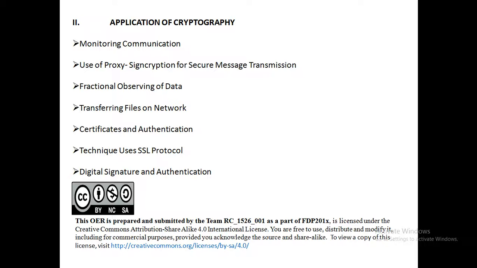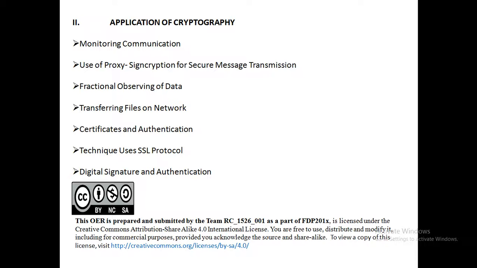It is used for proxy signatures, signcryption, secure message transferring, fraction observation of data, transferring files on network, certificates and authentications, and it is also used for SSL protocols. There are various protocols used in cryptography, and SSL protocol is one of them. In our future work, we will explain the concept of SSL protocol.